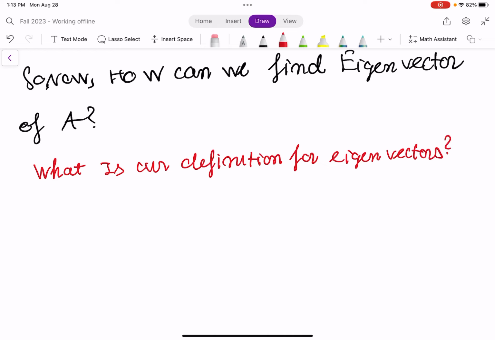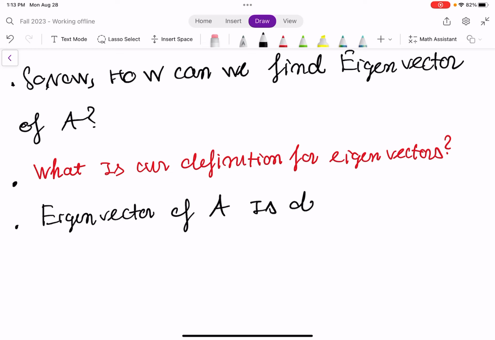So if you all recall, the eigenvector of A is defined as V, such that, okay, I will write a vector in the standard form, because the standard form is easier to recognize for y'all.